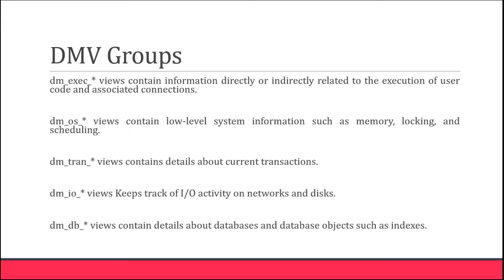So we also talked about the 5 groups of the dynamic management objects. We have dynamic management views, and we have dynamic management functions. Today we're going to focus on the DM_exec_* group, and these views contain information related to the execution of user code. We're not going to talk about all the DMVs in this class. There are hundreds of them probably.